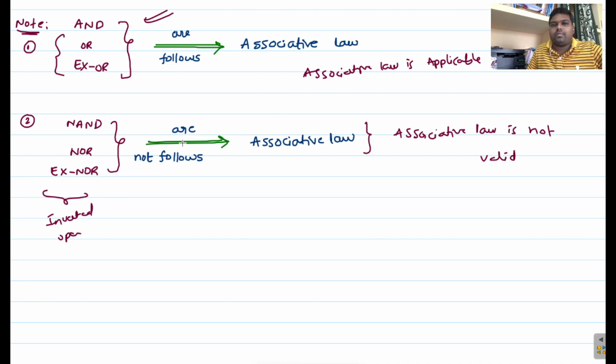From these two points we can conclude that, for example, if we take (A XOR B) XOR C equals A XOR (B XOR C), this follows the associative law.